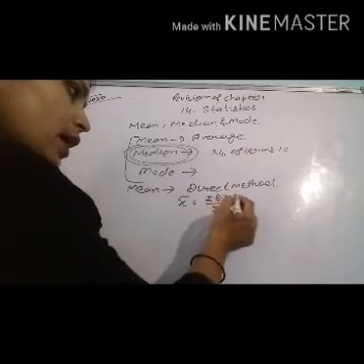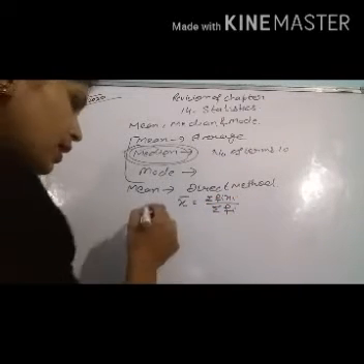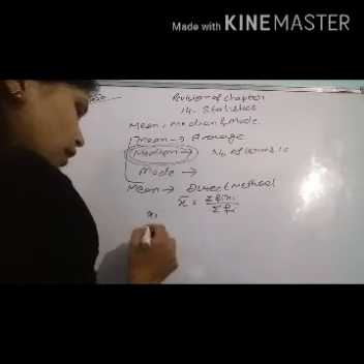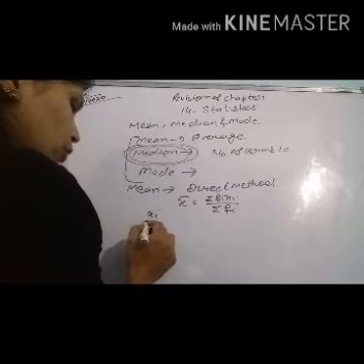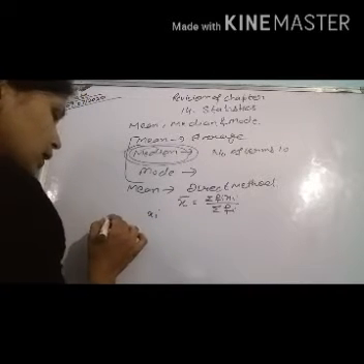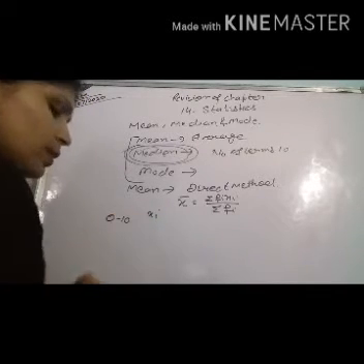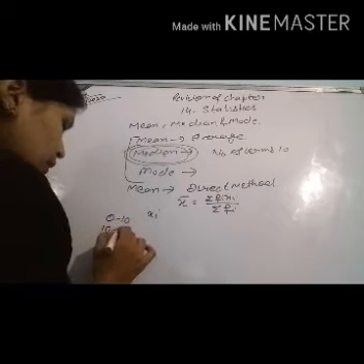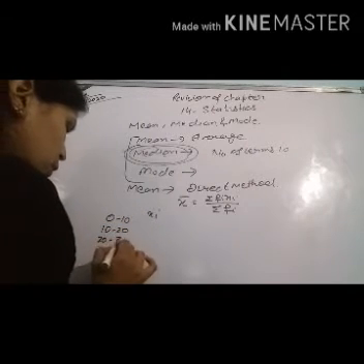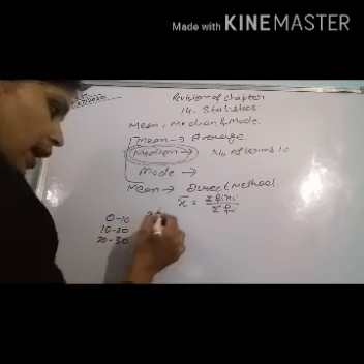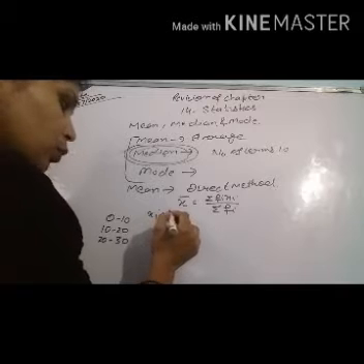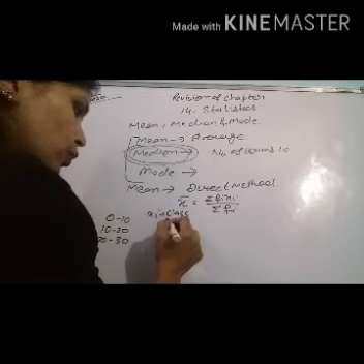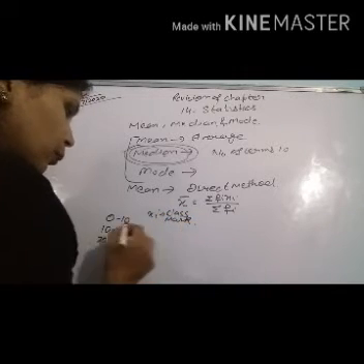And here what is fi and what are these xi's? Xi's are the values, or you can say that suppose this class interval is given to us 0 to 10, 10 to 20, 20 to 30. In this case xi's will be equal to the class mark, or we can say that the mid value.